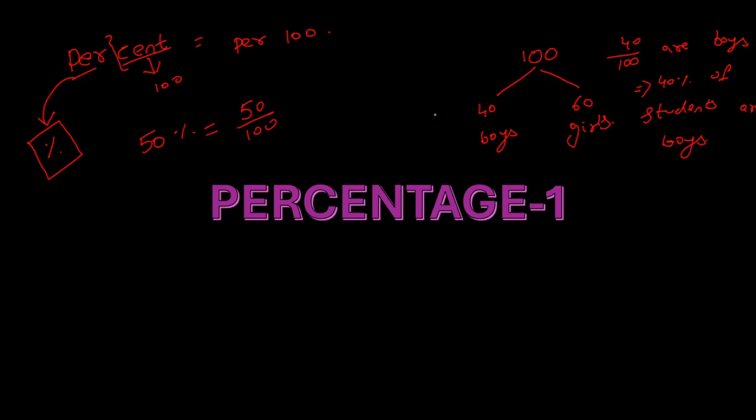Let me give you a slight example. Consider a square. Actually, this might not look like a square, but assume it is a square. In this square, if I shade one of the four parts, what would we say? One out of four parts of the given square is shaded.